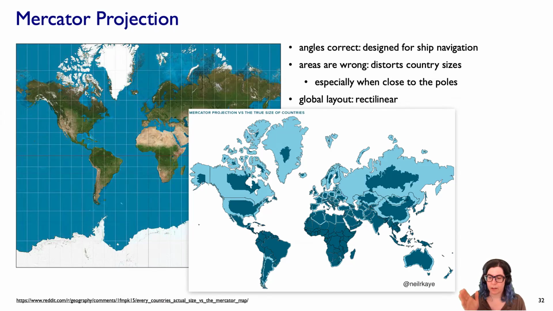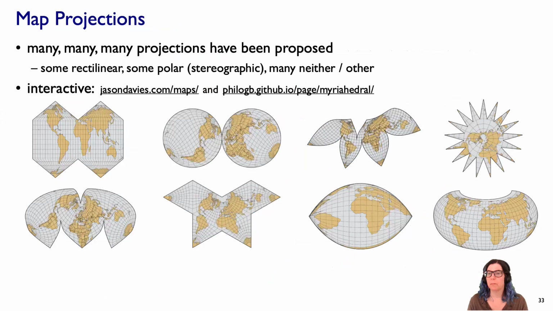Now, a key point is this: we can very much think of this as a rectilinear global layout. Notice how in the map on the left we see grid lines, right? And they're clearly rectilinear. So to a first approximation, I often talk about geographic maps as having a rectilinear global layout, particularly for most of the commonly used ones. But there are many, many projections out there in the world.